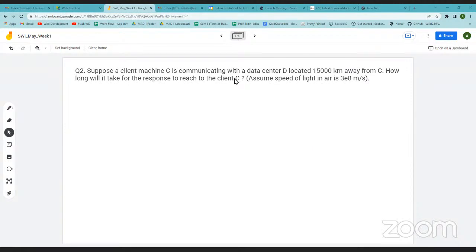This means the client C must have made a request, which may have gone to the data center, okay, and then that response to that request may have come to the client C. Therefore, we're talking about two-way communication here, right? Not one way. Okay, so those who have considered one-way communication and given 50 milliseconds as answer, you have to multiply it by 2.